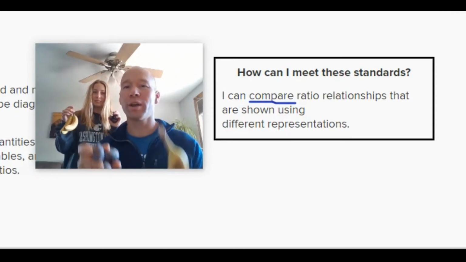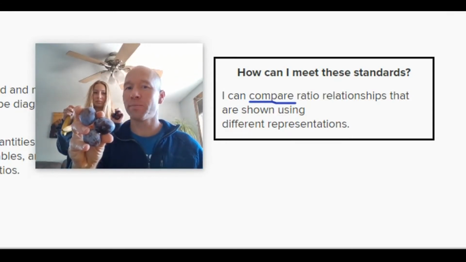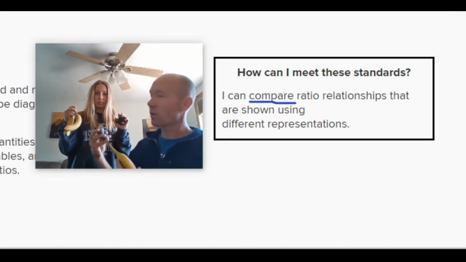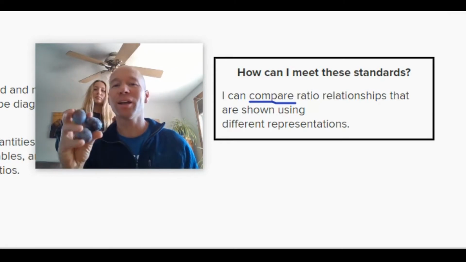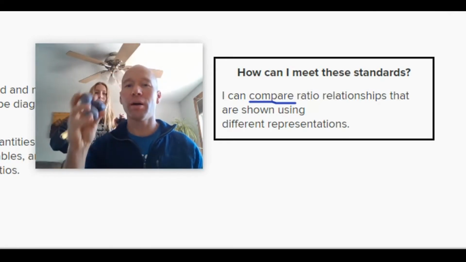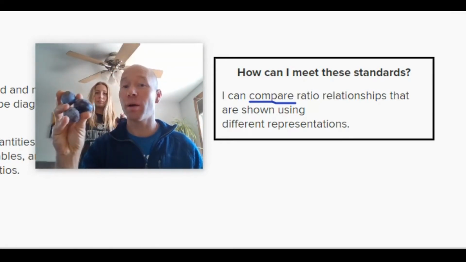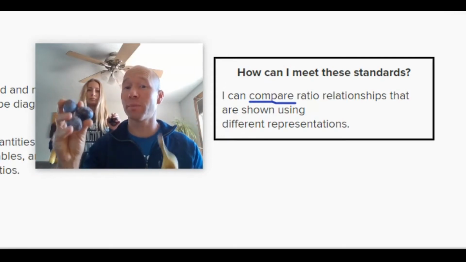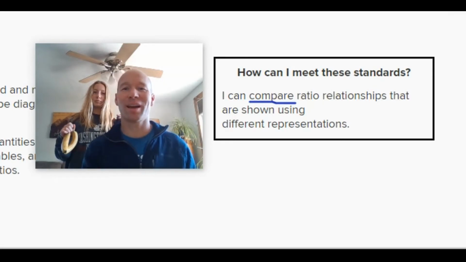I have a ratio of 1 to 3, 1 banana to 3 plums. And she has 2 bananas to 4 plums. So who has a higher ratio of plums? We'll do plums to bananas. Who has a higher ratio of plums to bananas? Let's get into that on our lesson today.